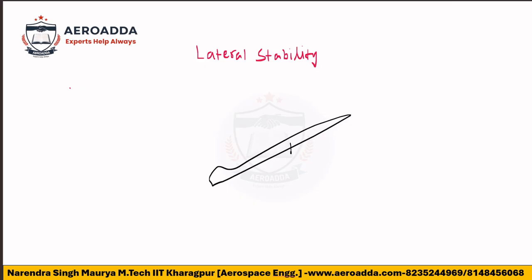And suppose here we have a wing. This was the wing for the aircraft here. The direction of the airplane, this was the longitudinal axis. Remember, longitudinal axis, correct?